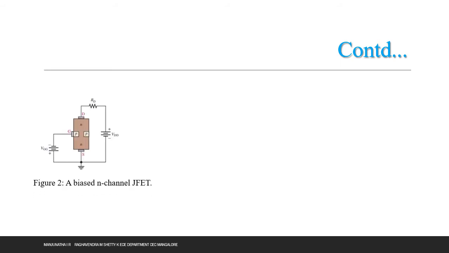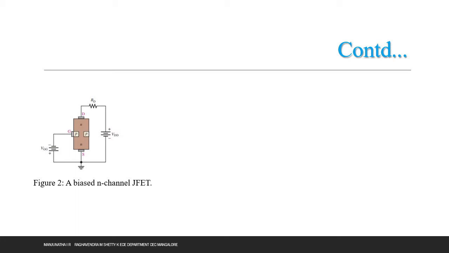Next, continuing, figure 2 shows a biased N channel JFET. We say a JFET is biased when it is connected to an external DC source. If we observe the figure, the JFET is connected to two different DC voltage sources, VDD and VGG.